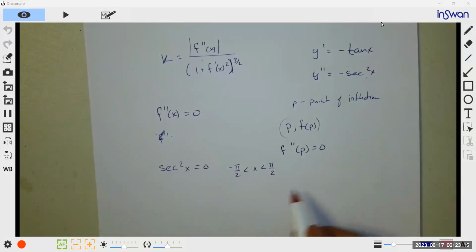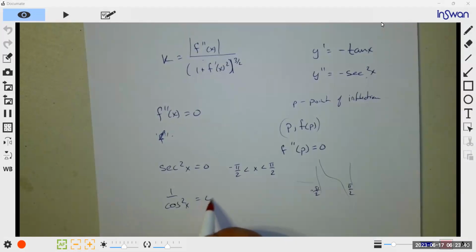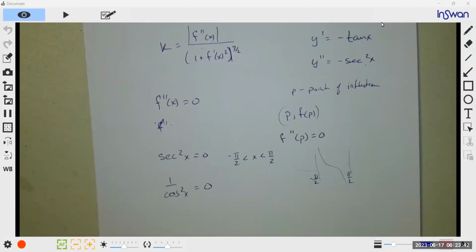And since this is negative, at negative pi over 2, pi over 2, best I can conclude is it can't equal 0 because our denominator won't allow it.